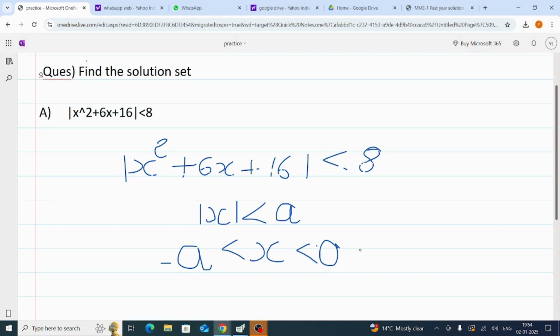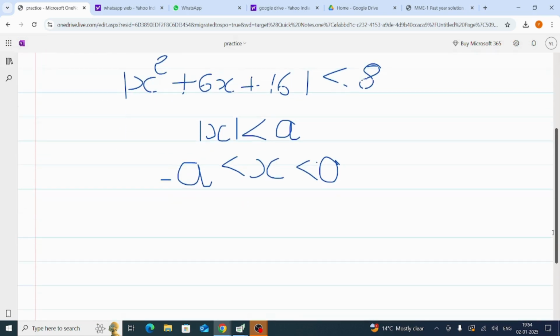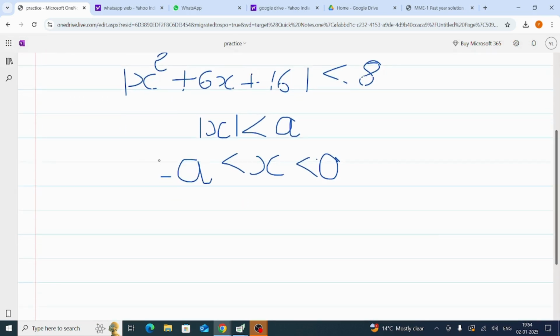Okay, I can show you an example for this as well. Just give me a minute. Okay, so as I have said here that modulus of x is less than a. So suppose I take x to be minus 10, and I take a to be 12.